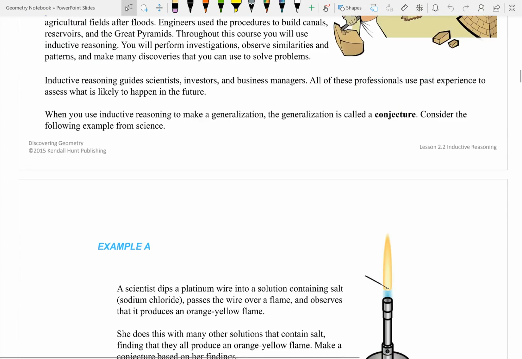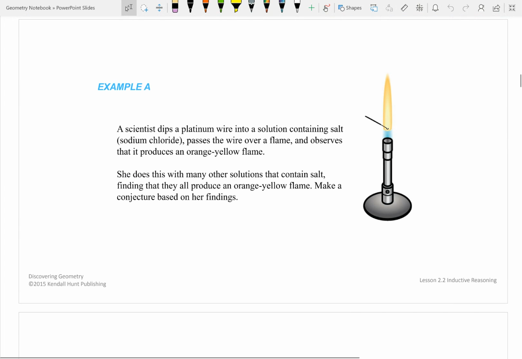Consider the following example from science. A scientist dips a platinum wire into a solution containing salt, sodium chloride, passes the wire over a flame, and observes that it produces an orange-yellow flame. She does this with many other solutions that contain salt, finding that they all produce an orange-yellow flame.